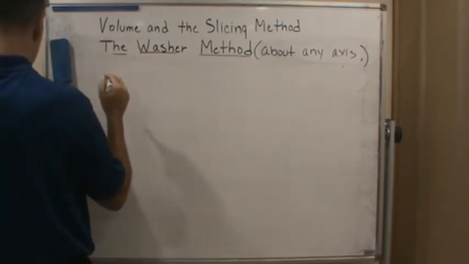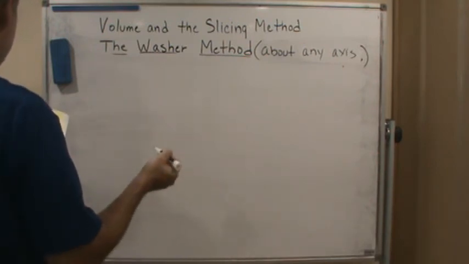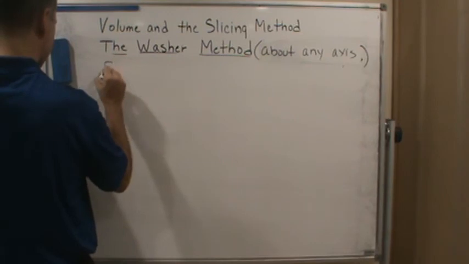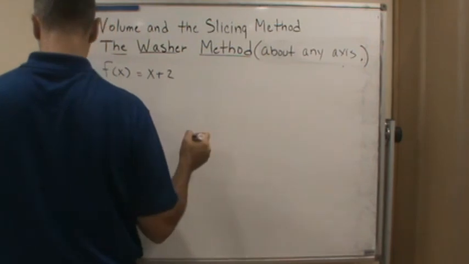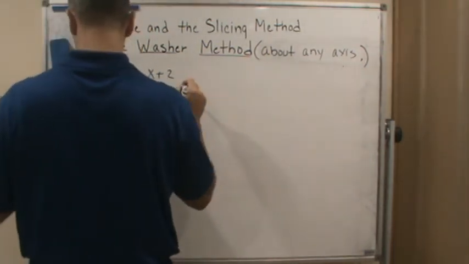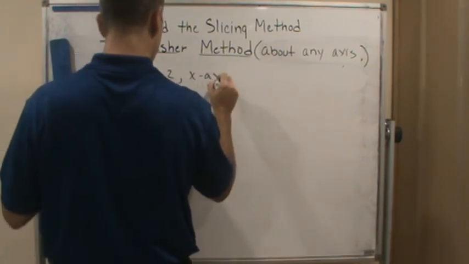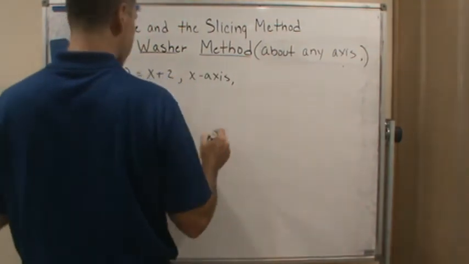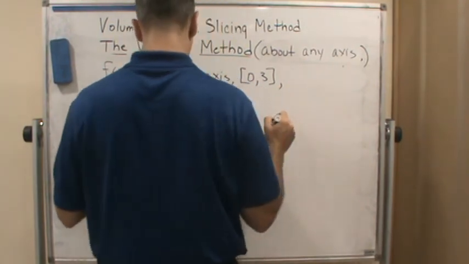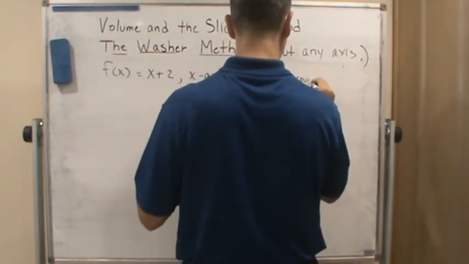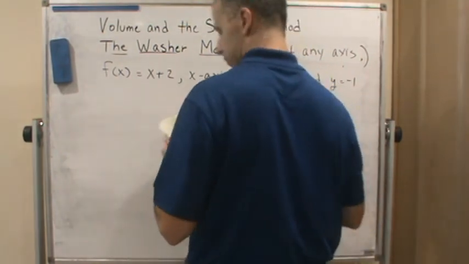Here's the region, and it says find the volume of a solid of revolution formed by revolving the region bounded by the graph of f of x equals x plus 2, and below by the x-axis, over the interval from 0 to 3, and we're going to rotate it around y equals -1.